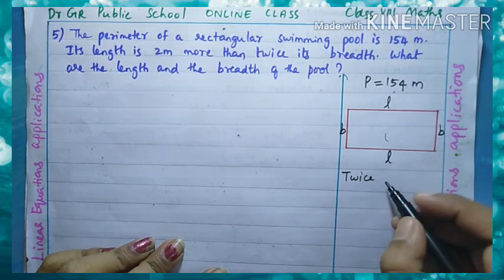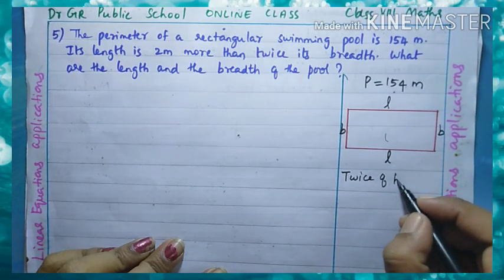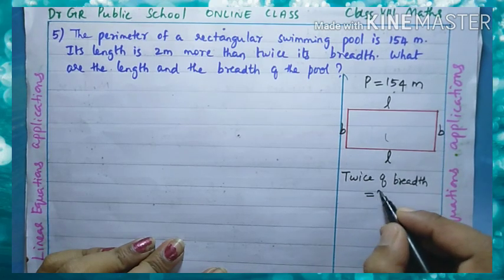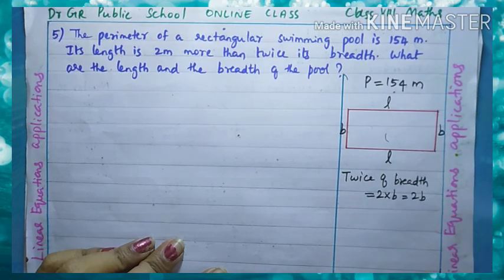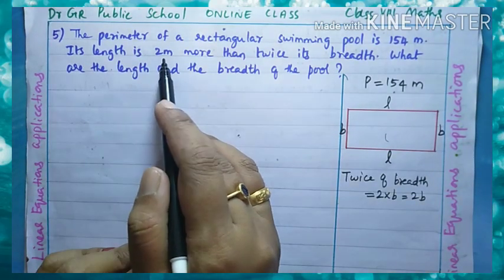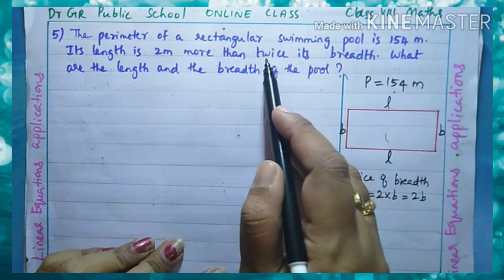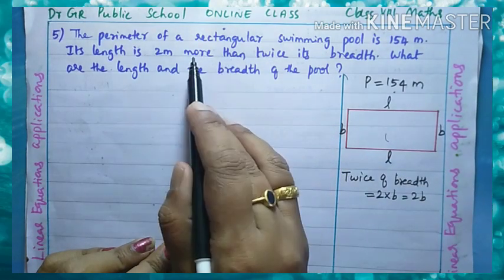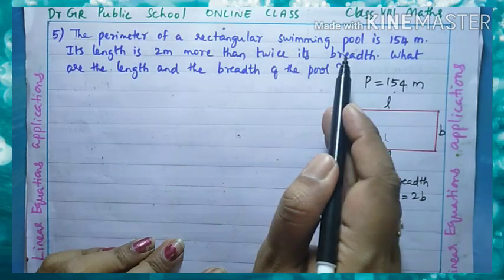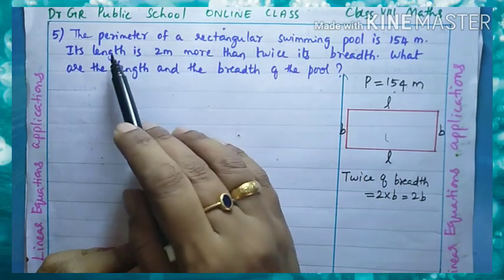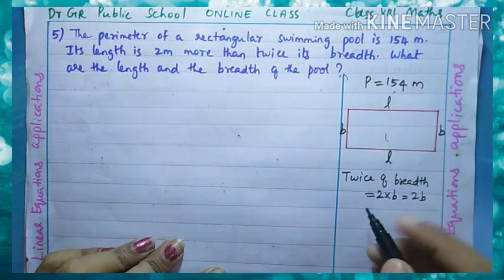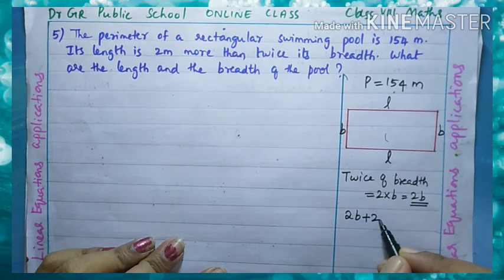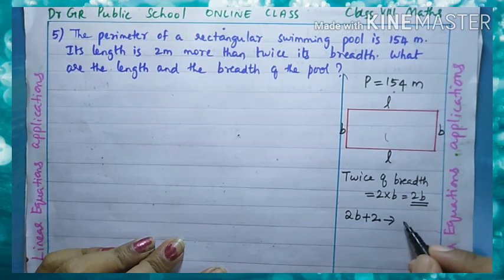Twice means multiply by 2. So twice the breadth means, if you are taking b as breadth, 2 into b, that is 2b. Okay. So its length is 2 meters more than twice its breadth, that is, add 2 to 2b, and that is the length.